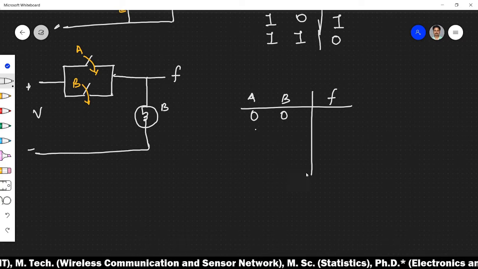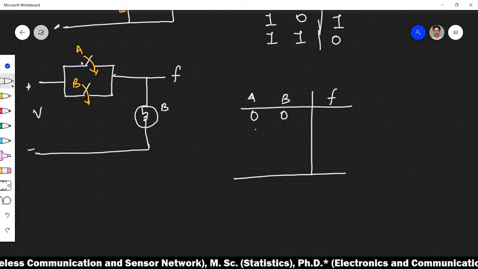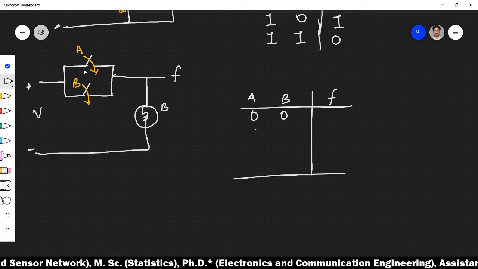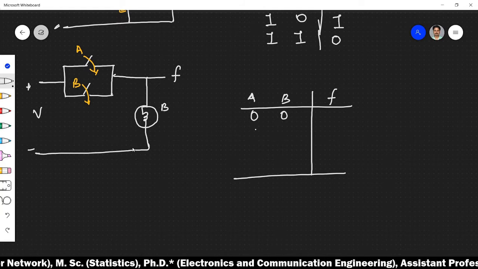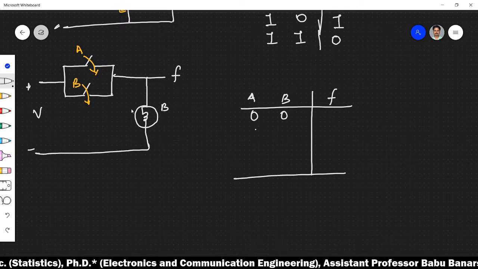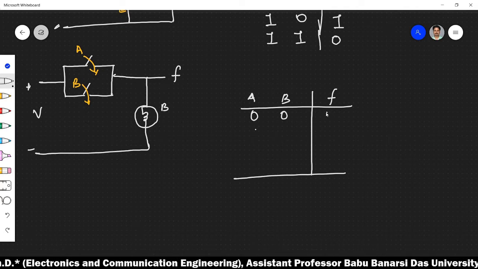What happens when both the switches are open? Of course there will be no path for the current to flow across this bulb, and the bulb will not glow. So we will write it as 0.